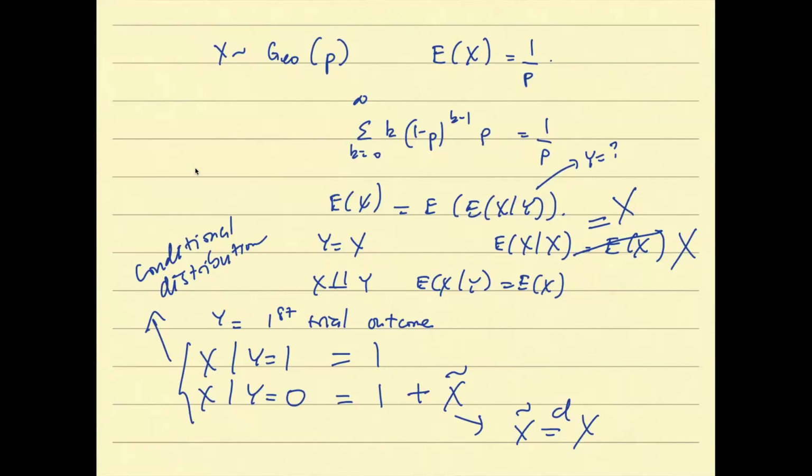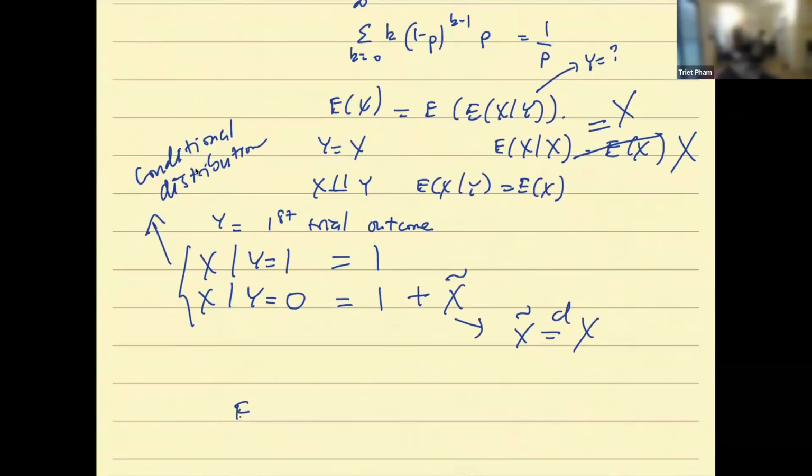Now, for example, the conditional expectation of X given Y equals 1 is 1.